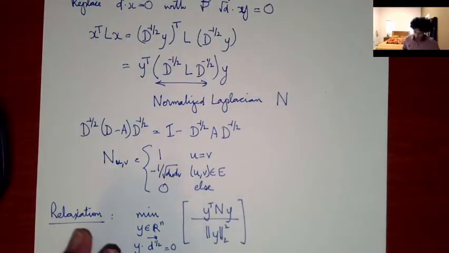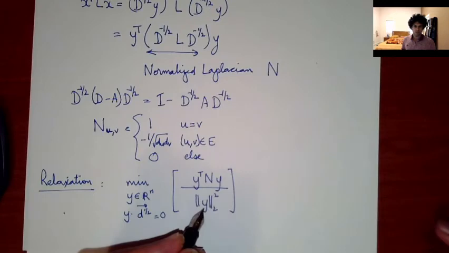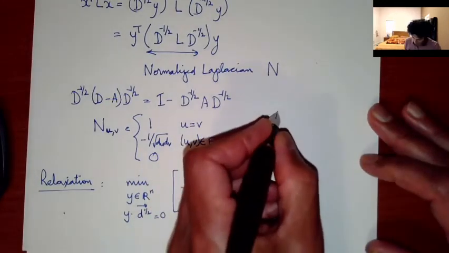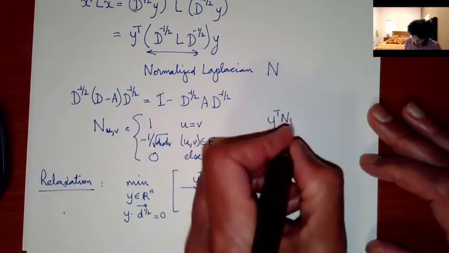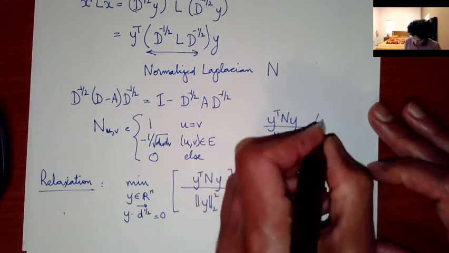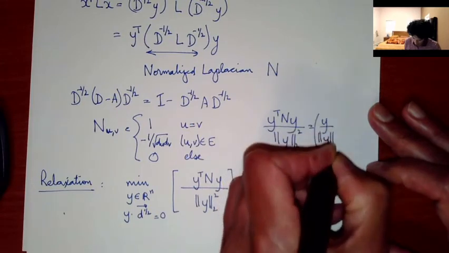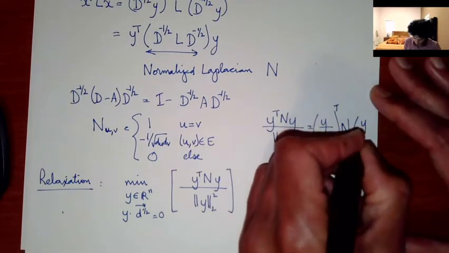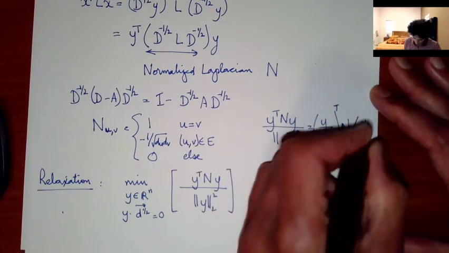But this is excellent because this is just a normalization. I can write y transpose N y divided by the Euclidean norm squared as y divided by the Euclidean norm, transpose, N, y divided by the Euclidean norm.